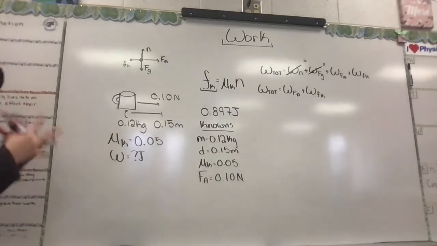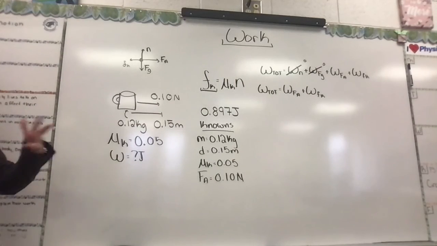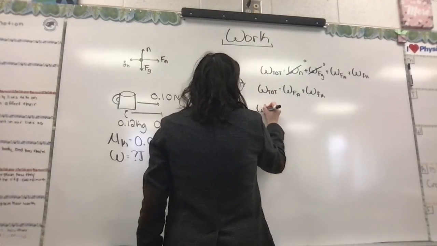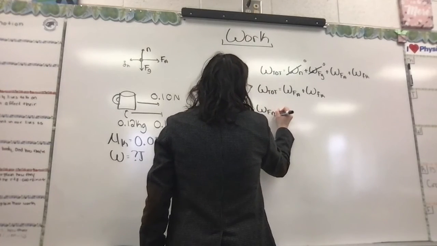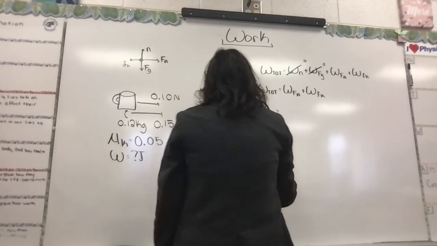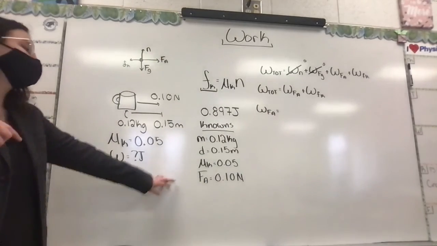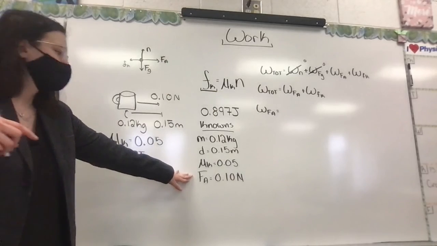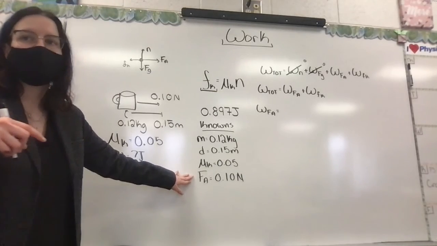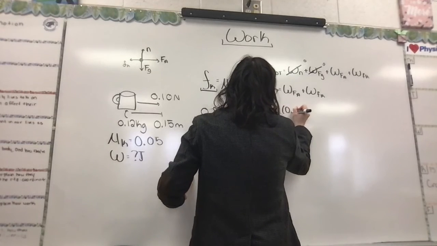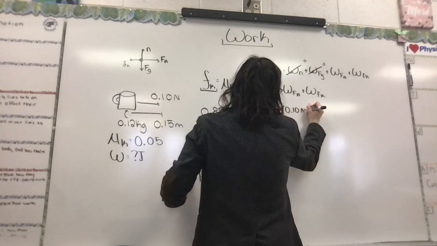I might feel uneasy about finding the work of the kinetic friction right away, so I'm just going to focus on the applied force first. I know that work is force times distance. What is my applied force? It's 0.10 newtons.